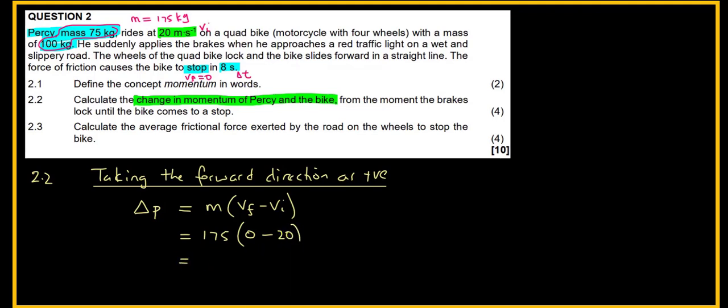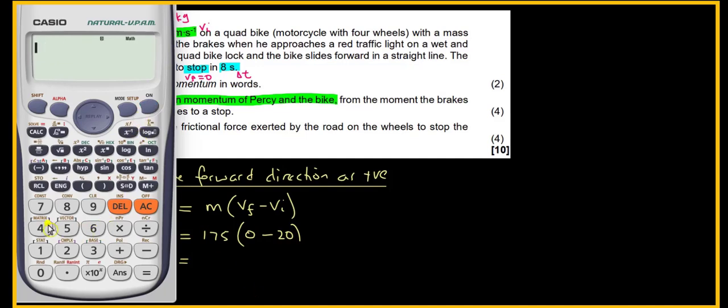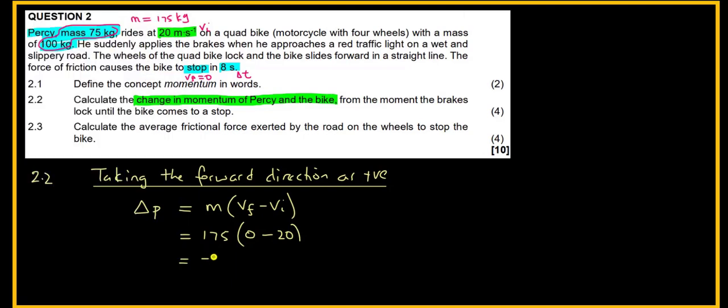Okay, so take out your calculators, multiply 175 by 0 minus 20. We get negative 3,500. So that's kgs meters per second, which is actually equal to 3,500 kgs meters per second in the opposite direction.